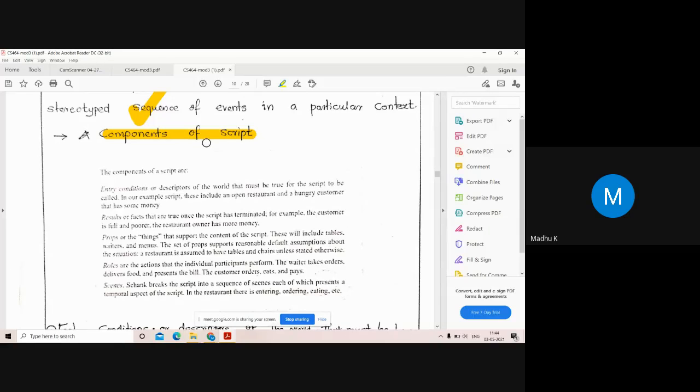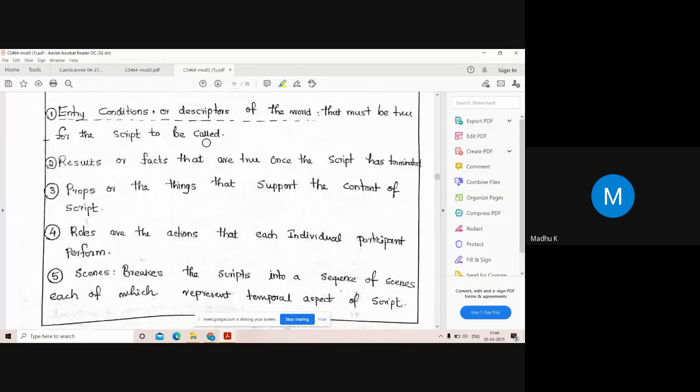Next we are going to discuss the components of a script. The main components: one is the entry condition, a descriptor of the world that must be true for the script to be called. This entry condition should be true, then only the script will be executed.